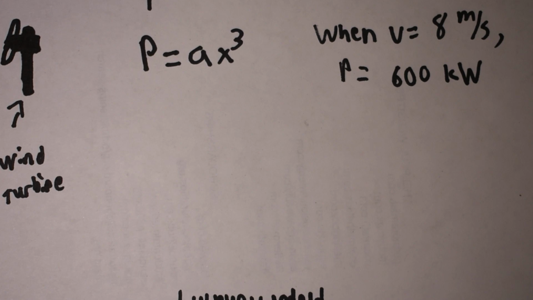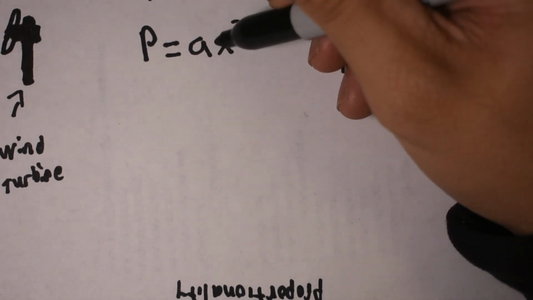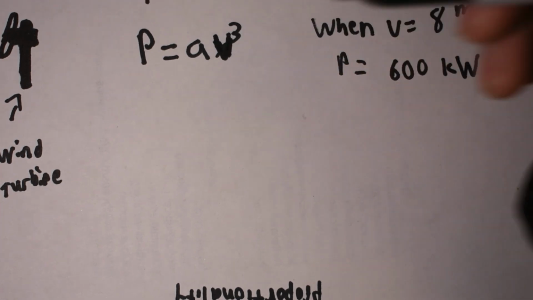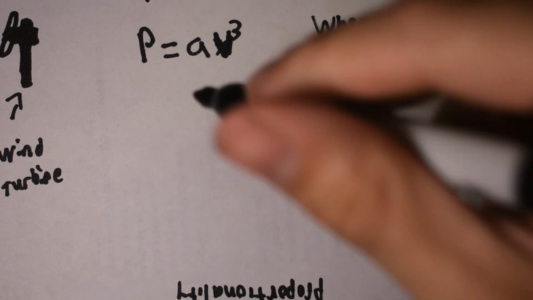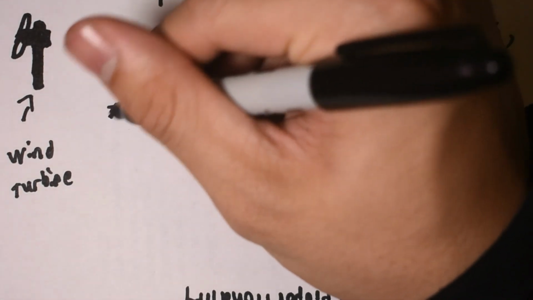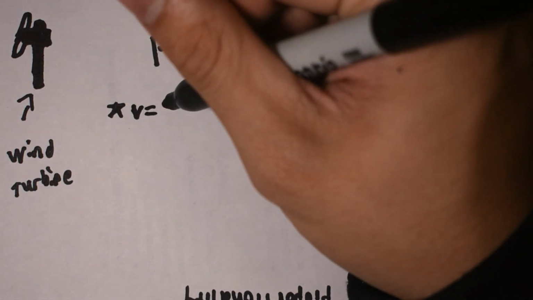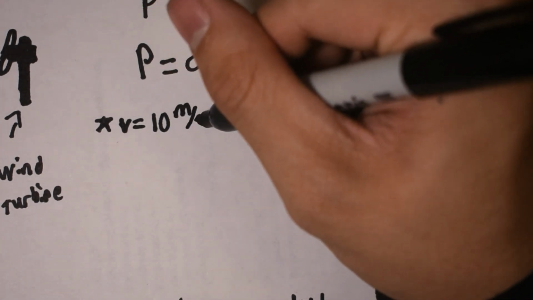Now, we don't actually have a problem to figure out yet, so let's throw that in. Oh, and this is supposed to be v here, because this is v. So let's just try to figure out what the power would be if v was, let's say, 10 meters per second.